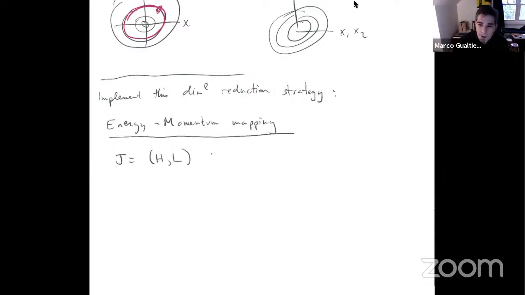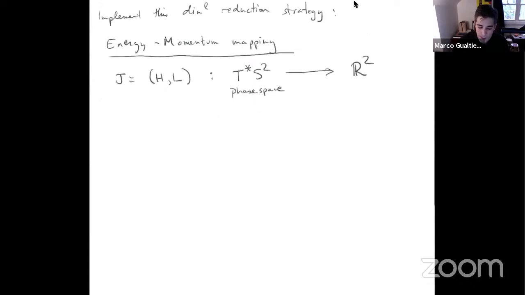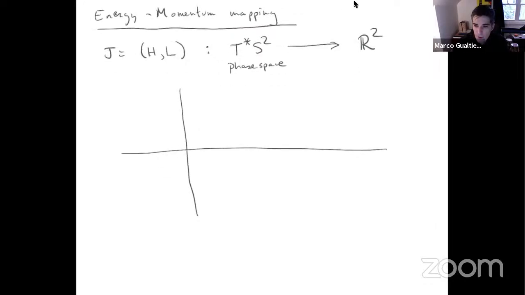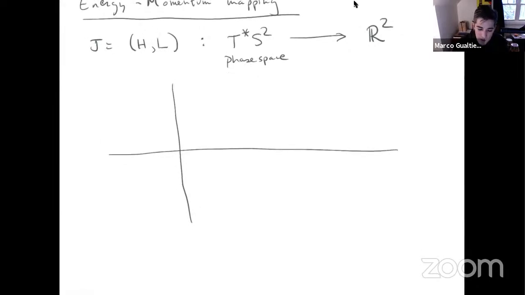This is a pair of functions which goes from the phase space to R2, because I have two functions. And let me draw the image of this function. Okay, so this is a very famous example. I've seen this drawing many times.